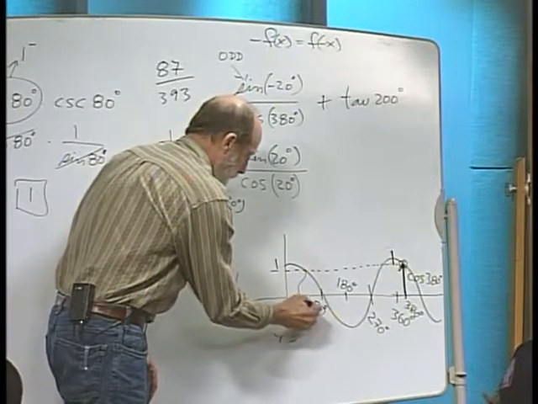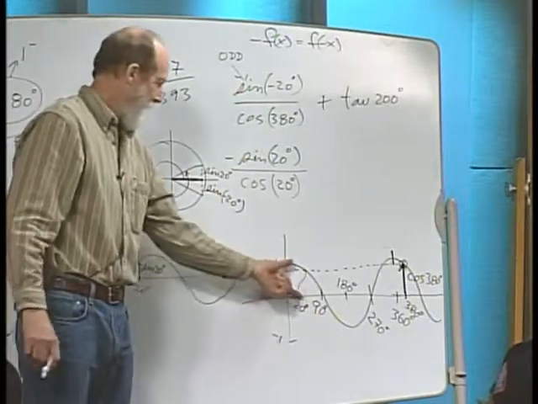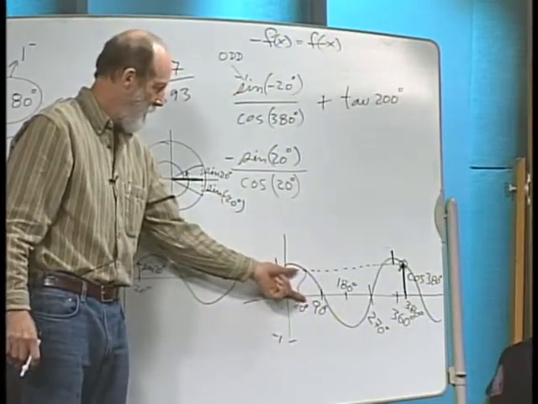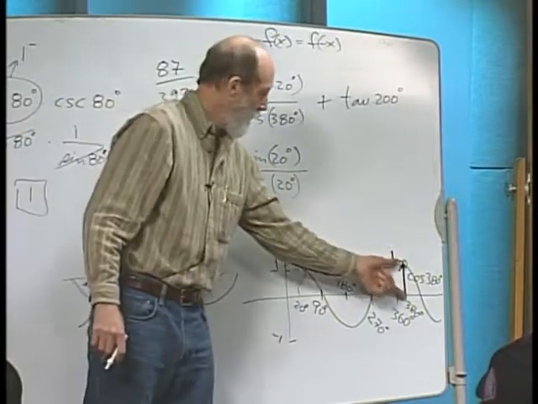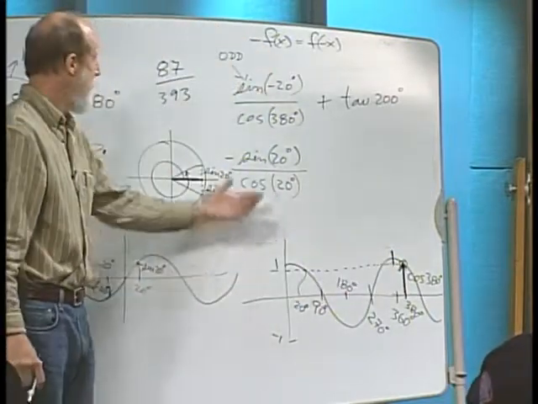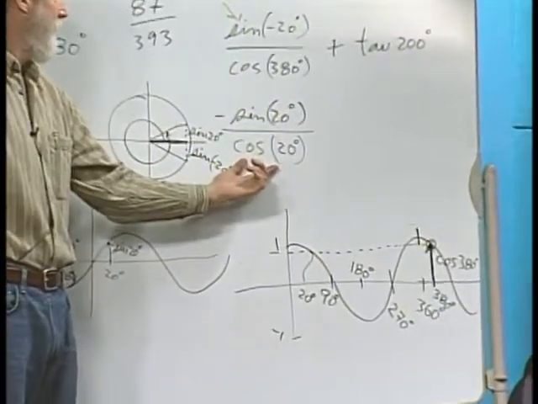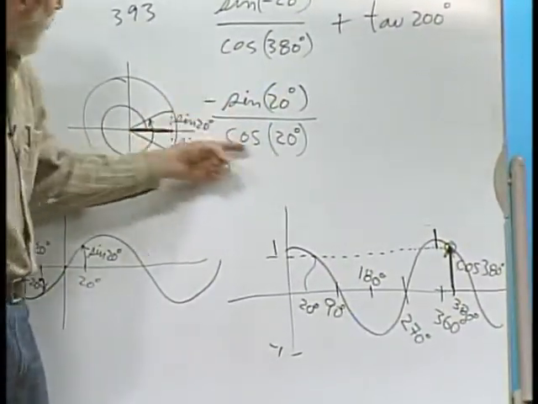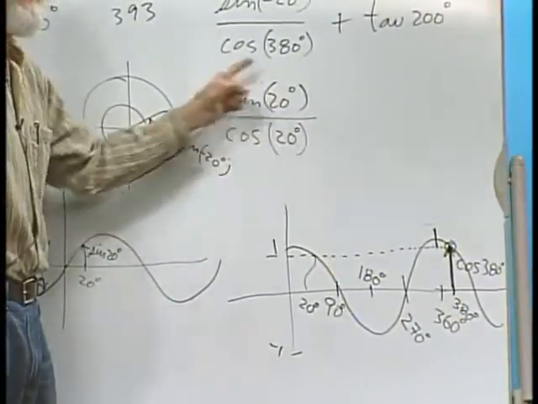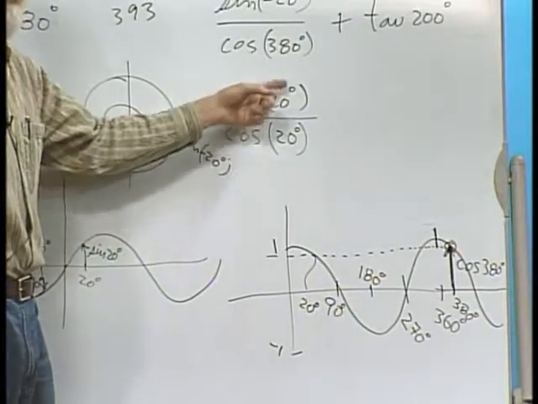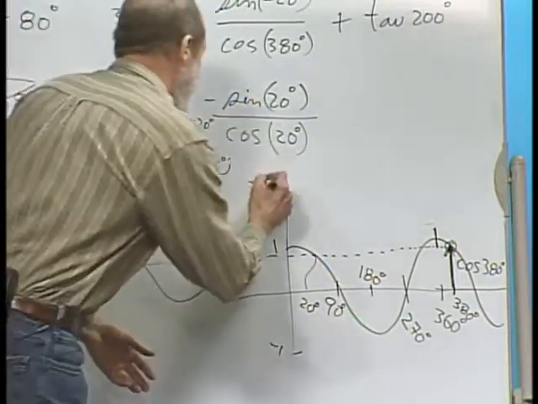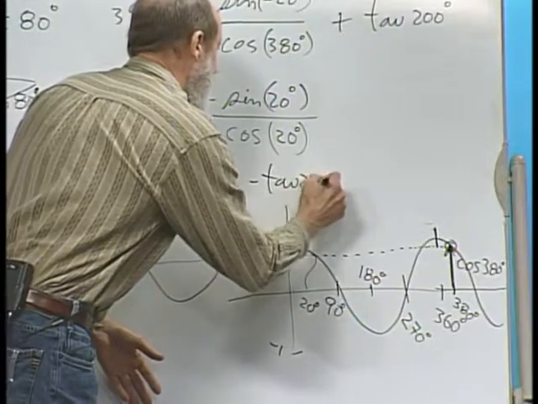At 20 degrees. That height matches at 20 degrees what it does out there at 380. So you can replace this with this. And then finally, what's this? Sine over cosine, same angle. We have the negative of the tangent of 20 degrees.